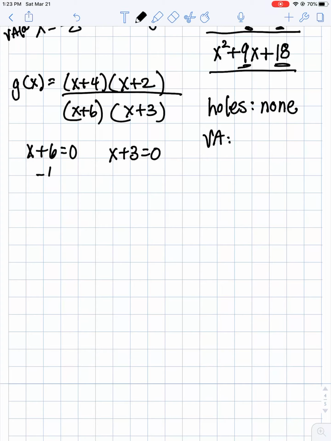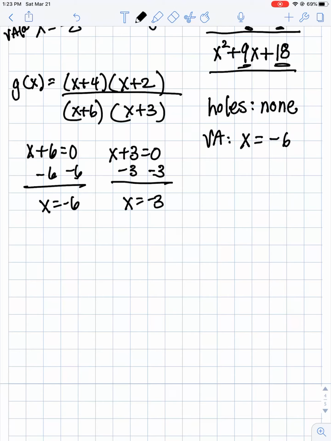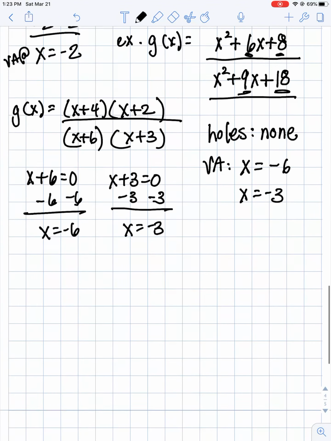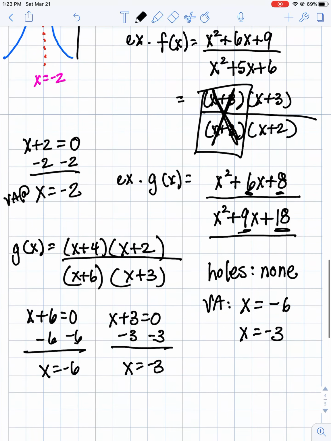And this time we have two factors, so we set both of them equal to 0. If we subtract 6, we get x equals negative 6. And if we subtract 3, we get x equals negative 3. So this time we have two vertical asymptotes, one at negative 6 and one at negative 3.